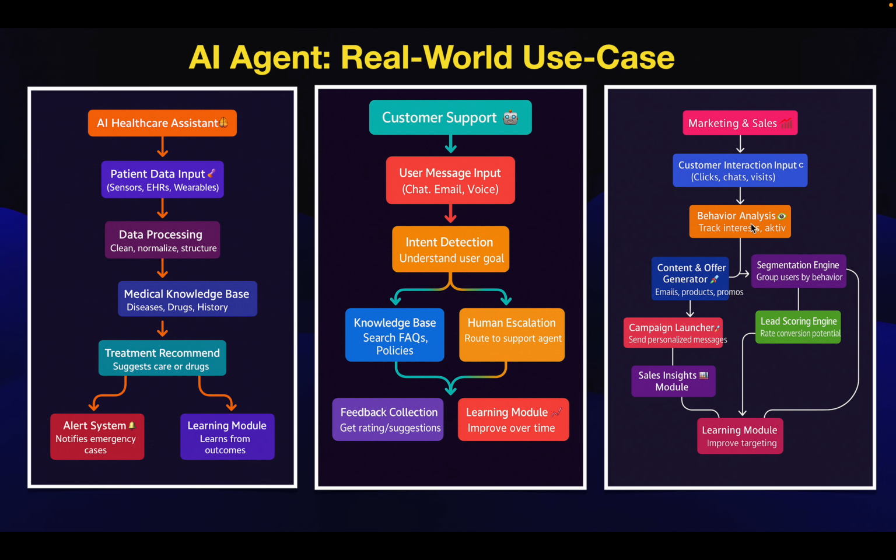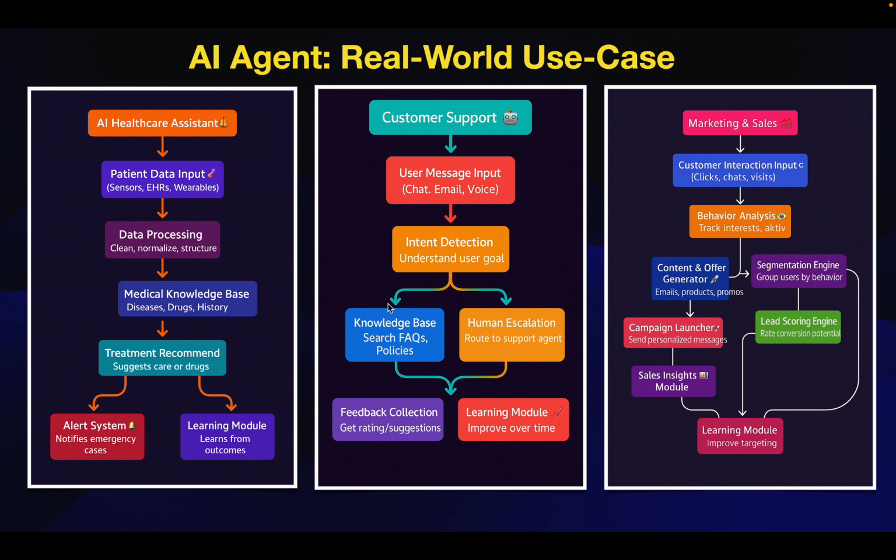Then the agent generates content, like emails, product messages, or prompts, and based on that segments users into different groups, using something like a lead scoring engine to set priority. Once that is done, it launches the campaign, gathers feedback, and keeps learning from every result. This is how companies scale their personalized marketing with AI.